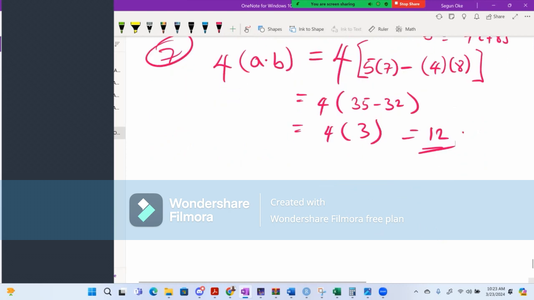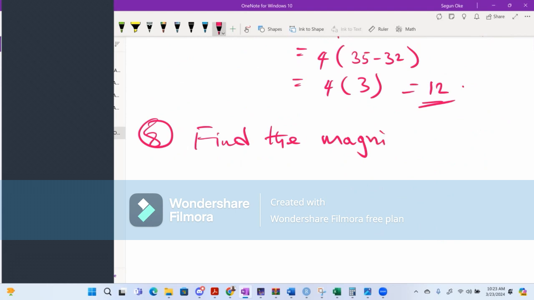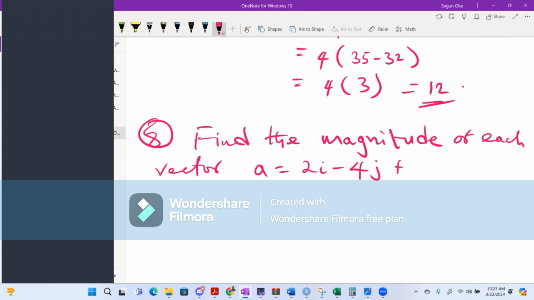So let's look at another one. If they ask us to find the magnitude of each vector, A equals 2i minus 4j plus 6k.